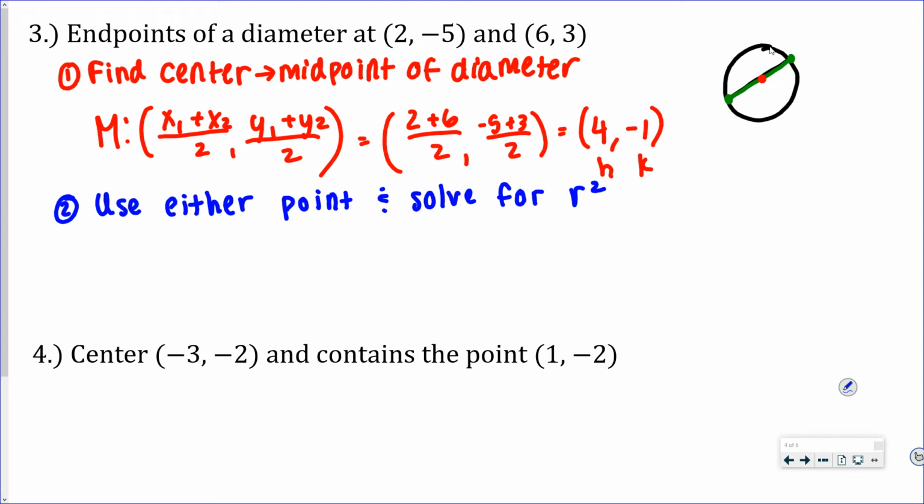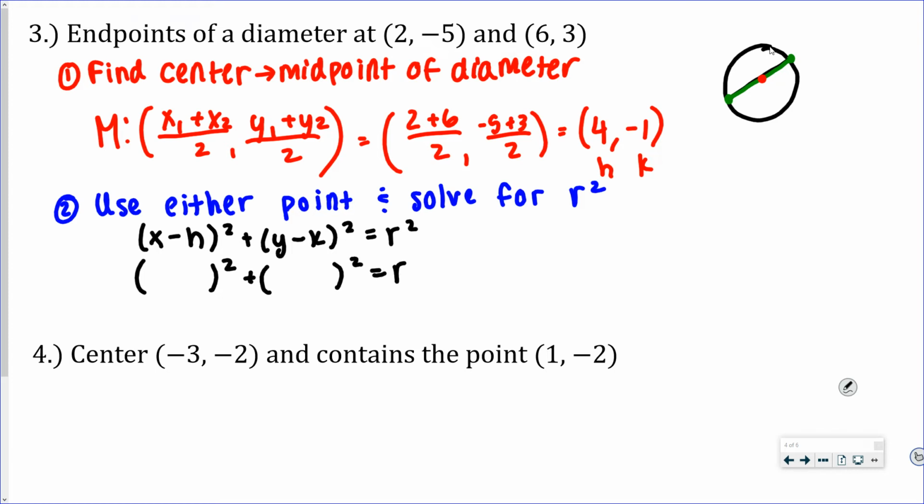So what I mean by that, go ahead and write down your starting equation for a circle. Got it memorized yet? Okay, here's what we know right now. We know h and k, right? We know h is 4, and we know k is -1, so it's going to be +1.